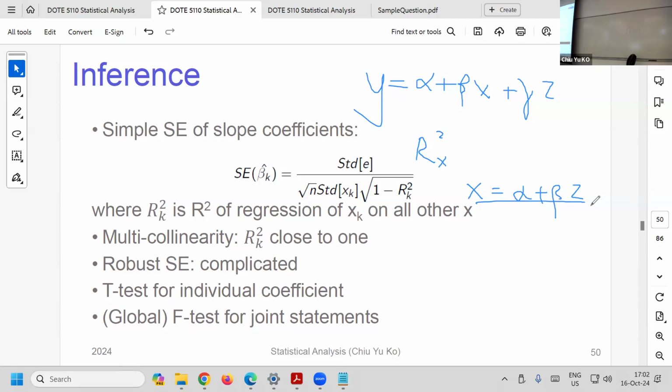The reason being that if these are so similar, then you can't distinguish which is which, right? So you can't tell what's the effect. For example, suppose a man is going to send a red rose to his lover, okay?